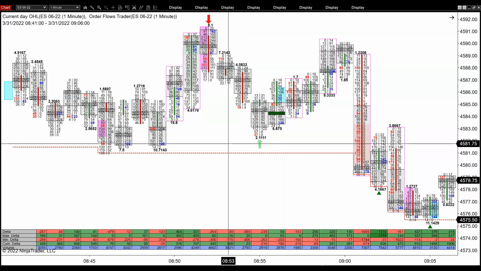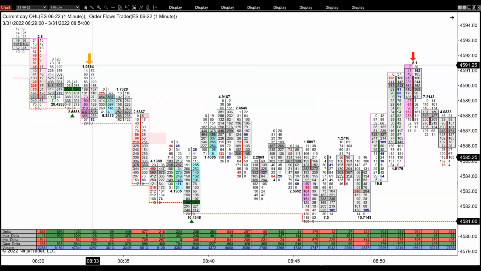We highlight these things because the markets move fast, and oftentimes trying to put everything together at once is difficult. The first reason I created the Orderflows Trader software is specifically to help me take these trades that I might overlook, or by the time I realize it, it's too late, right?